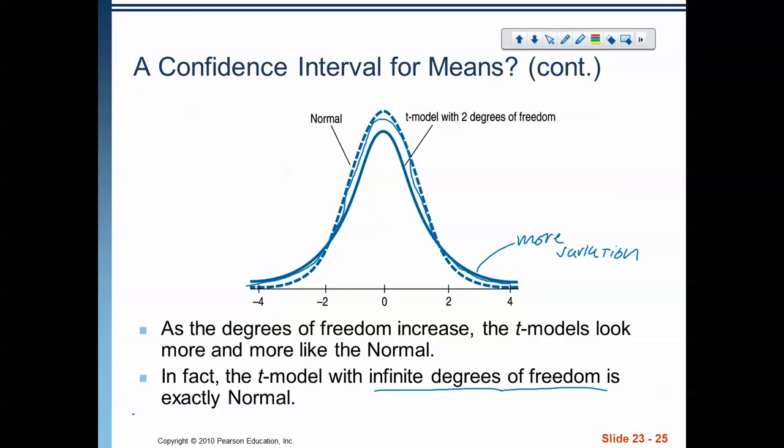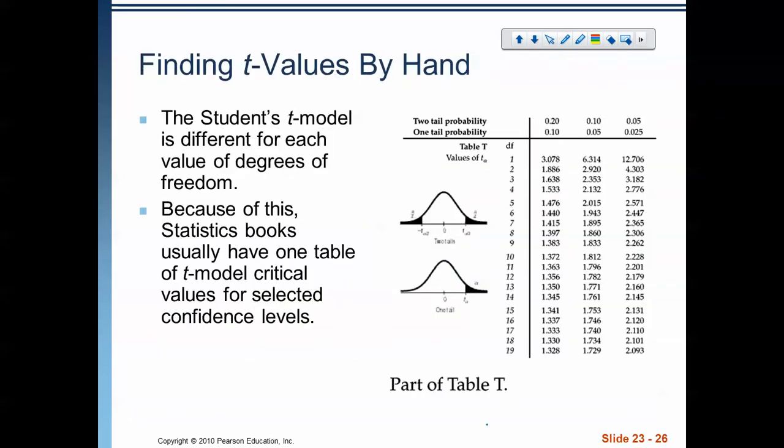As your degrees of freedom increases, that's going to get closer to the normal model. So for our confidence intervals, remember a confidence interval is always the statistic plus or minus the margin of error. Now, the margin of error is defined differently depending on what kind of confidence interval you're finding, but means tests and proportions tests have something in common: you have to find a critical value.